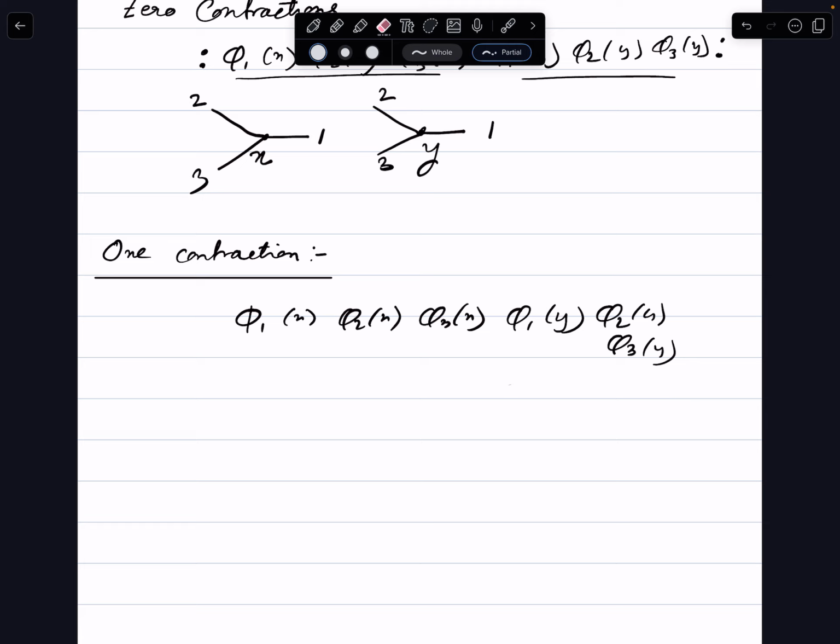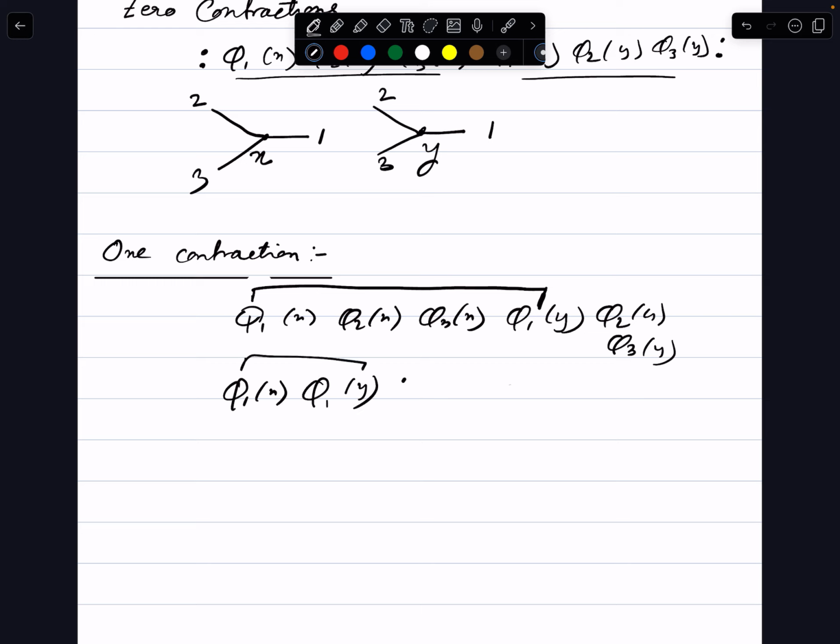So what can I contract? If I am considering one contraction, I can contract phi 1 with phi 1, and the rest will be normal ordered. So I will have a term with phi 1x, phi 1y contracted, and the rest ordered: phi 2x, phi 3x, phi 2y, phi 3y.